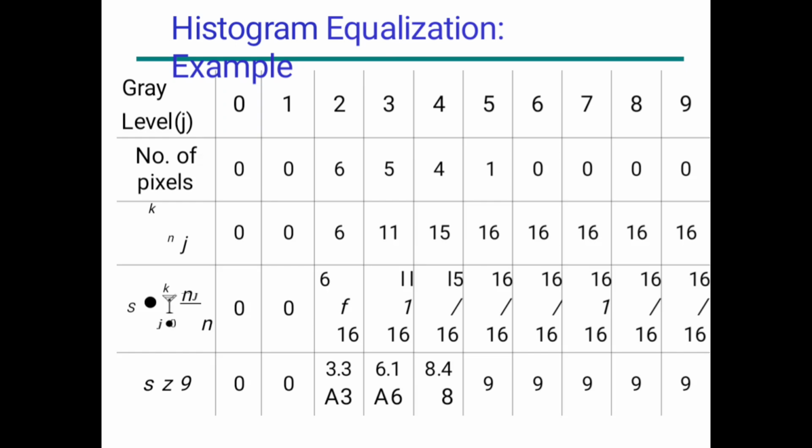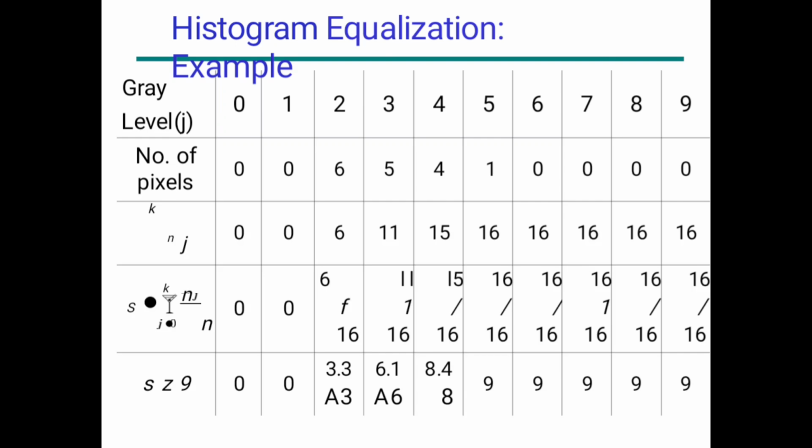So this running sum is divided by the number of pixel values, and you get the normalized values. So 0 by 16, again 0 by 16, 6 by 16, 11 by 16 and so on. The running sum is divided by the total number of pixels in the matrix. Again this value is multiplied by the maximum gray level.